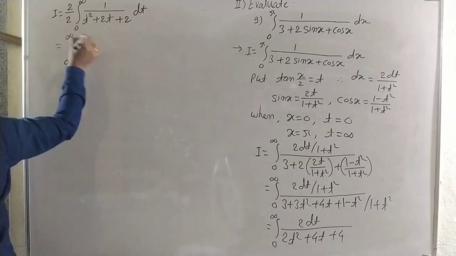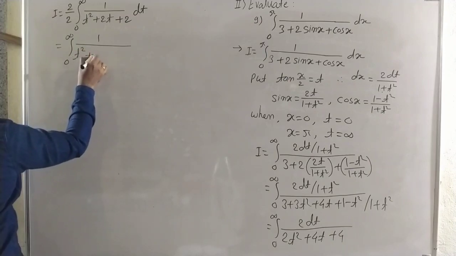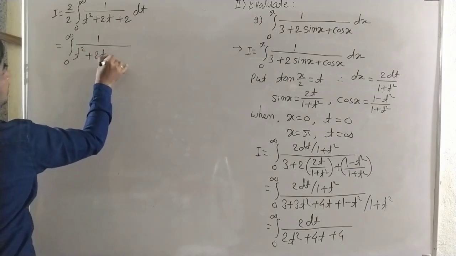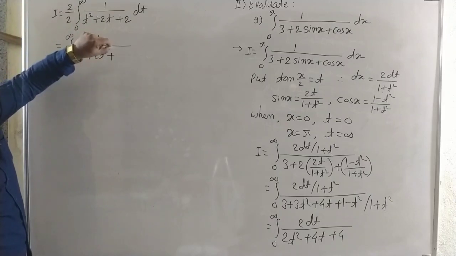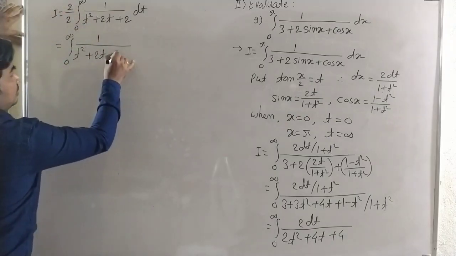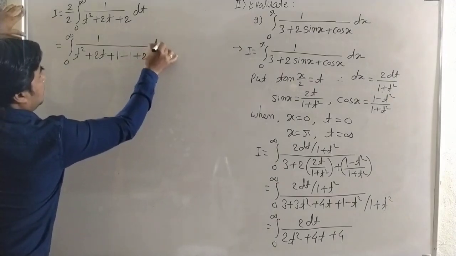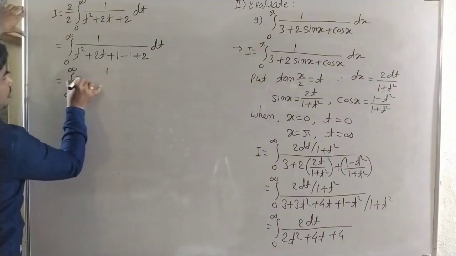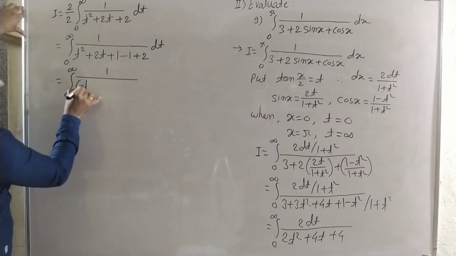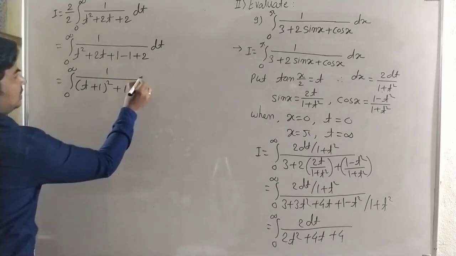Integral 0 to infinity 1 upon t square plus 2t, then the coefficient of t is 2, half of it is 1, and the square of 1 is 1, minus 1, and plus 2 dt. And now it is integral 0 to infinity 1 upon t plus 1 whole square plus 1, and then dt.